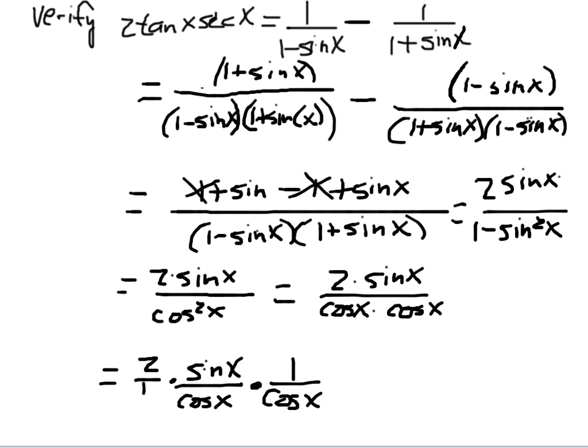And if you look at this, my numerator is still the 2 sine of x, and my denominator of this multiplication is cosine squared of x. So once again, I just changed the form, and when I finish this off, 2 over 1 is 2, sine over cosine is tangent of x, and 1 over cosine of x is secant of x.